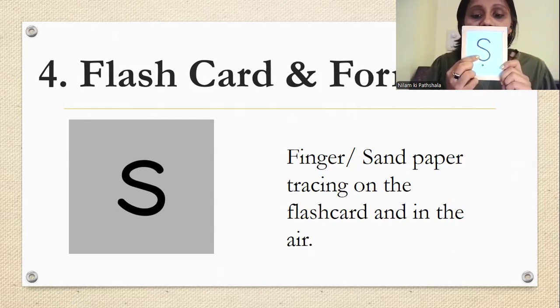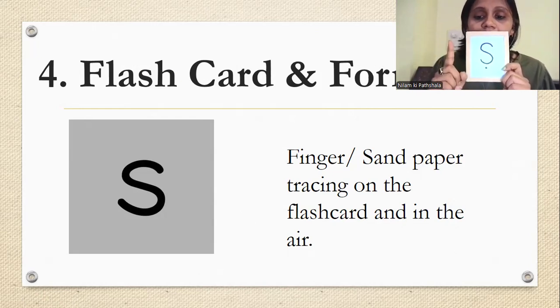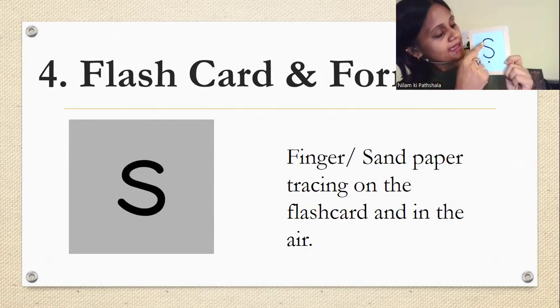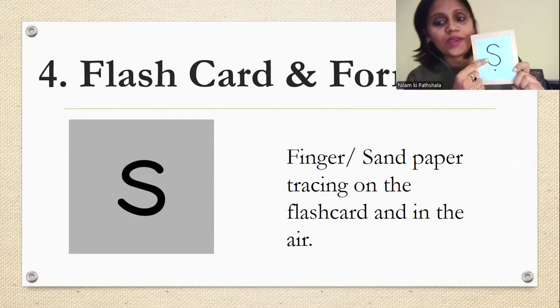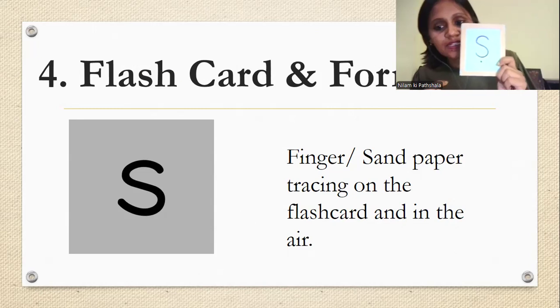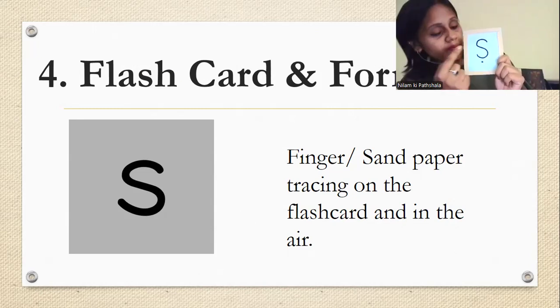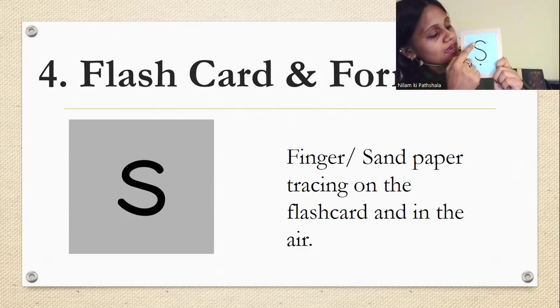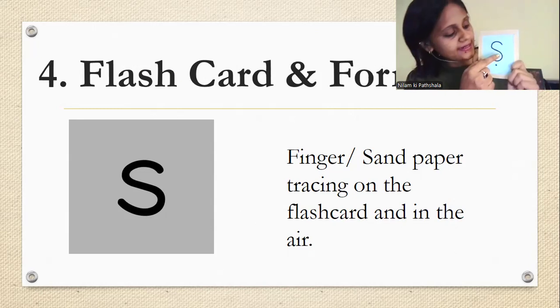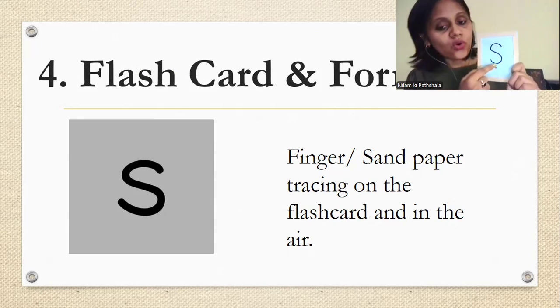All right. So this is called finger tracing. I have used my, we usually say mama finger, to trace the letter S this way. Similarly, you can make sandpaper letters for tracing. Why sandpaper? Because sandpaper is a little rough and children really like to trace over it because they feel how the letter S formation goes.